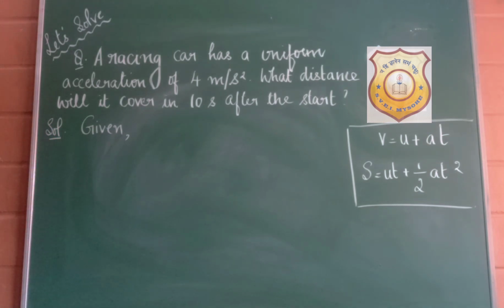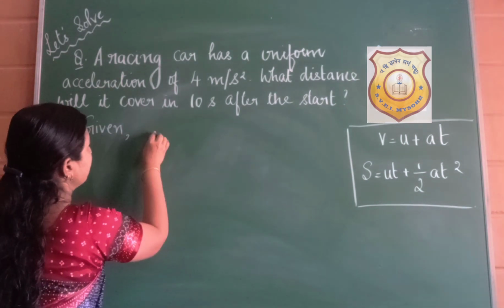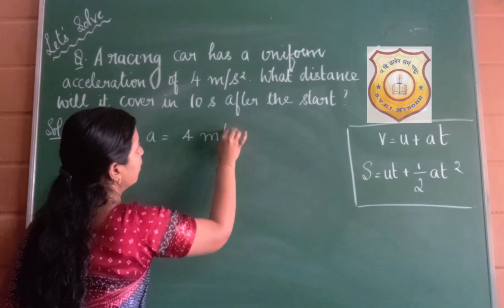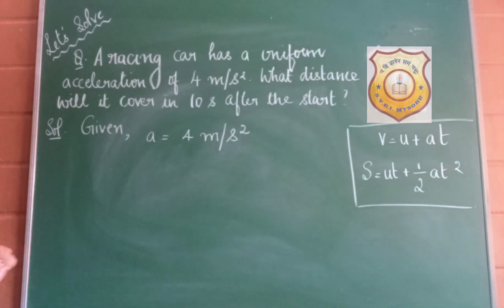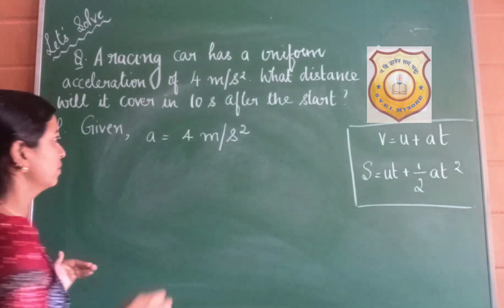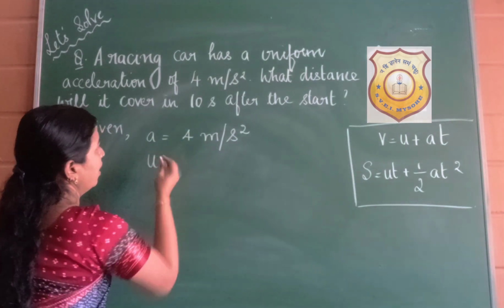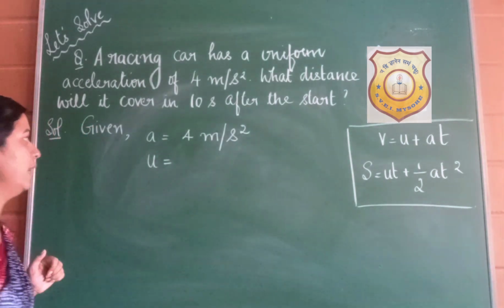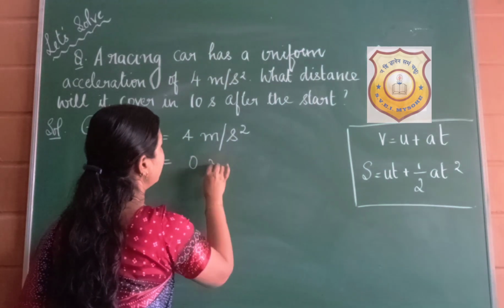Uniform acceleration of 4 meters per second square. So let us represent acceleration by A, 4 meters per second square. What distance will it cover in 10 seconds after the start? Which means initially the racing car was at rest. So initial velocity will be 0 meters per second.